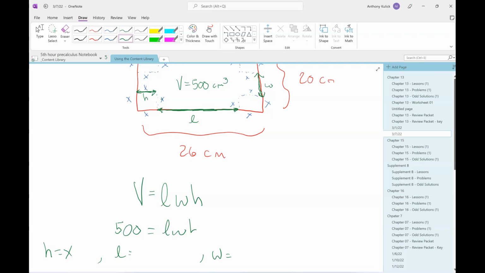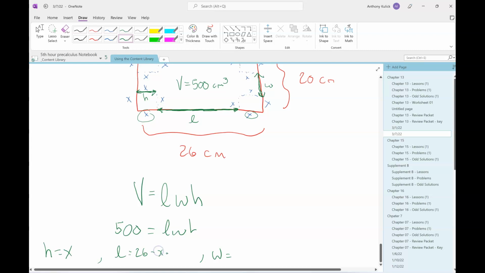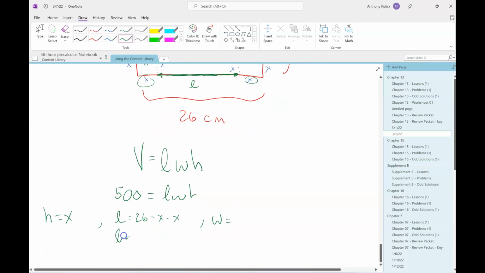What did it start off as, that side of the sheet of cardboard? 26. But we cut something out of it, right? What did we cut out of it? Cut off x on this side and another x on that side. So couldn't I call that just 26 minus x? Or really 26 minus 2x?